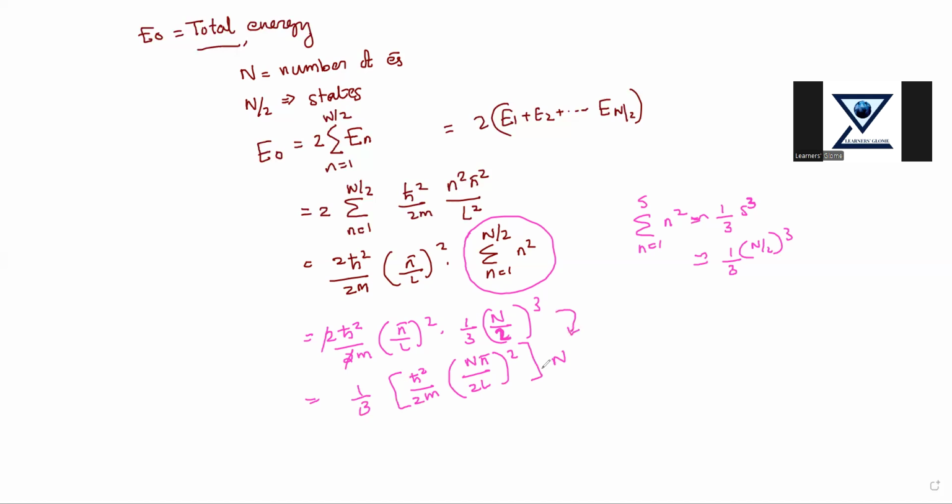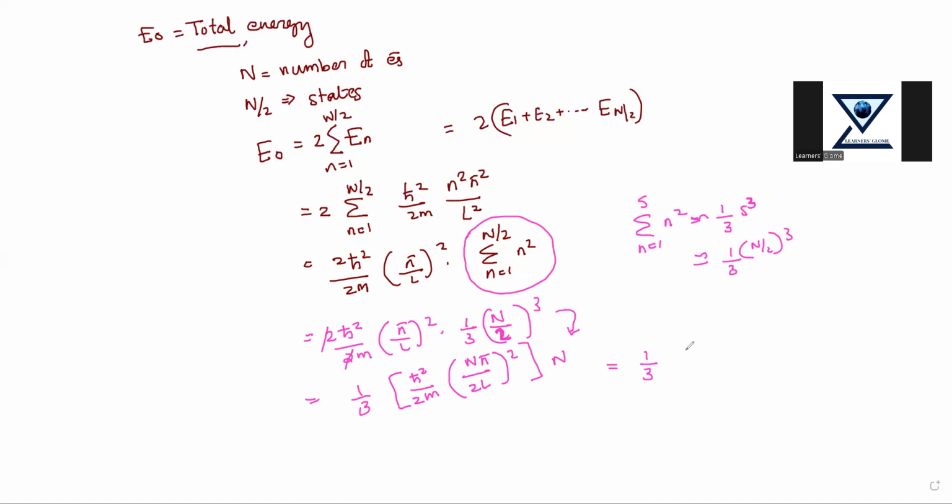I will send the note photograph of this page also. You can just rearrange the equation, and we obtain that it is equal to 1 by 3 times this h bar square by 2m into (N pi by 2L) whole square. That is what we calculated in the previous equation, that is our EF.